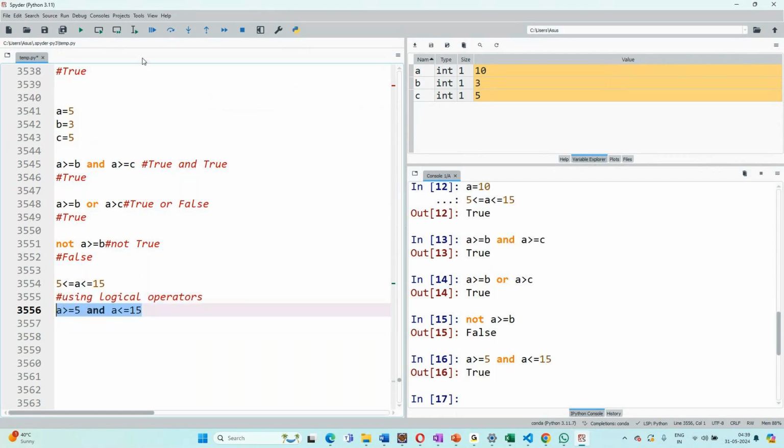So why did I get true over here? I got true because A is greater than or equal to 5 and A is less than or equal to 50.